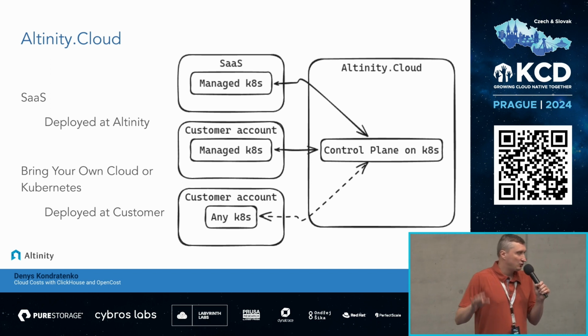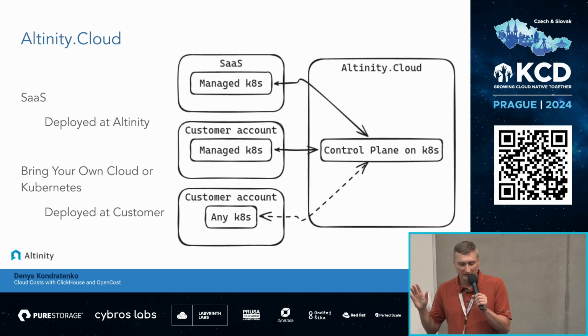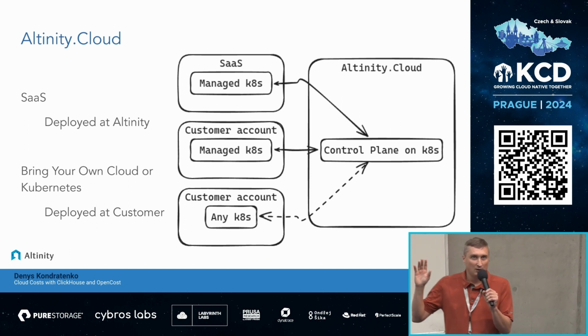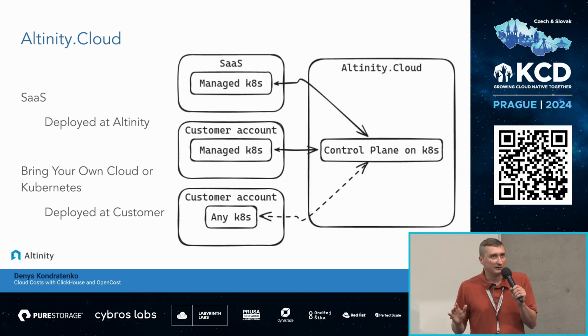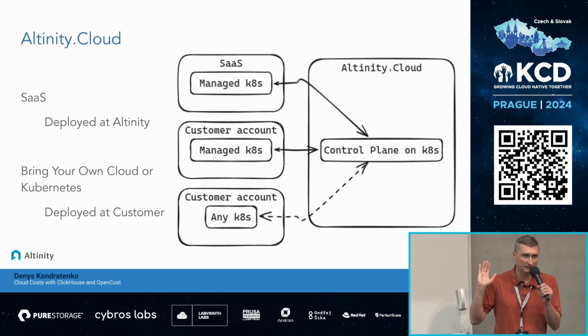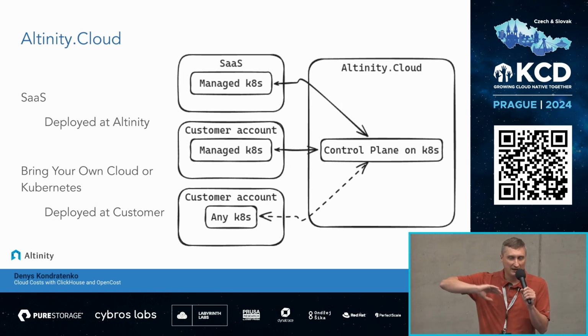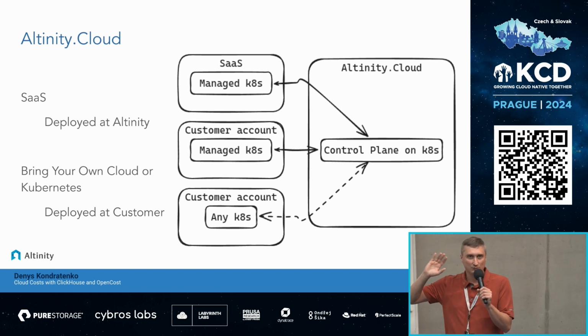So on this picture, you see what kind of challenge we have. It's Altinity Cloud, right? How we do it. We operate Kubernetes. So we have our main control plane, core Kubernetes control plane, as well as we manage the other customers' Kubernetes, right?